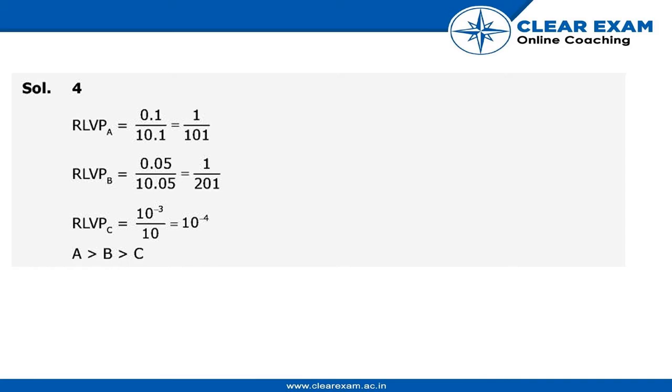So the formula for relative lowering in vapor pressure is (P1° minus P1) upon P1° is equal to X2, where (P1° minus P1) upon P1° is the relative lowering in vapor pressure, and X2 is the mole fraction of solute.